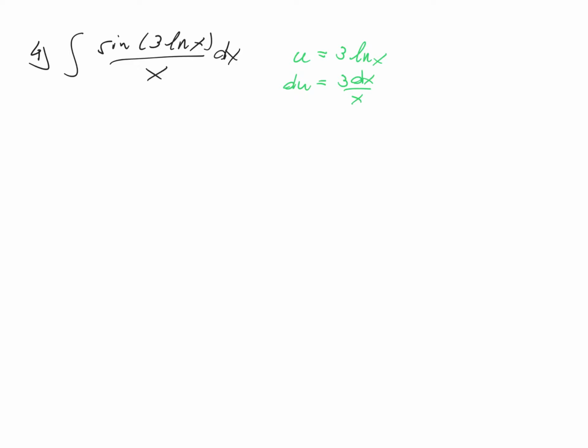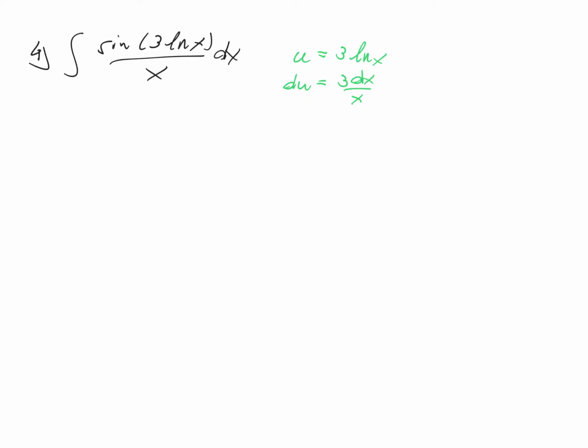For the fourth example, let's calculate the integral of sine of 3 times ln x divided by x. Again, substitution, you take the part within the function sine, so set u equal to 3 ln x. This means that du is 3 times dx divided by x.